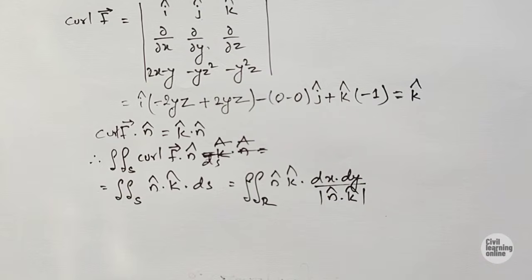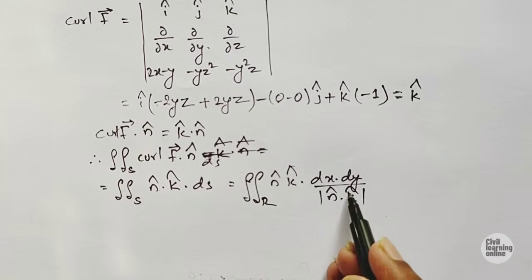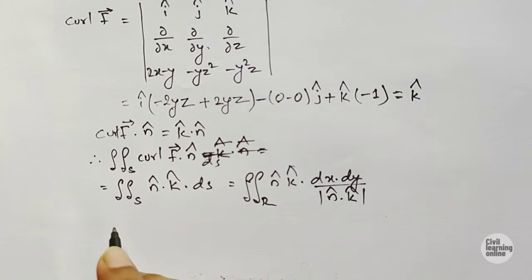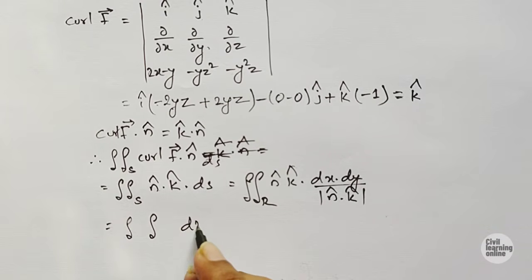Now, when we take the projection, n cap dot k cap will become 1. So finally we will have the double integral of 1 dx dy.